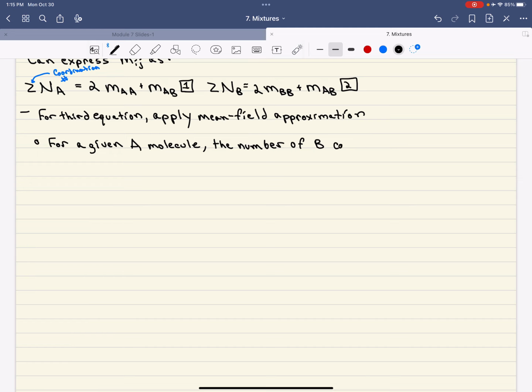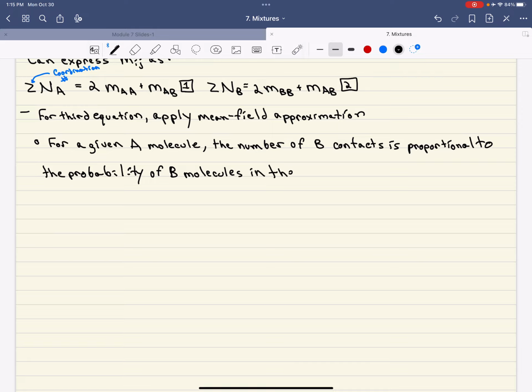In this approximation, we're going to assume that the number of B contacts that A is able to form is proportional to the probability of B molecules in the entire lattice. All right, so that's the definition in words.